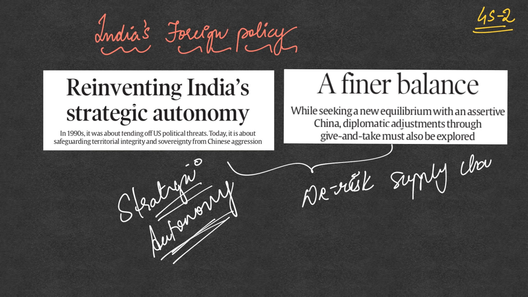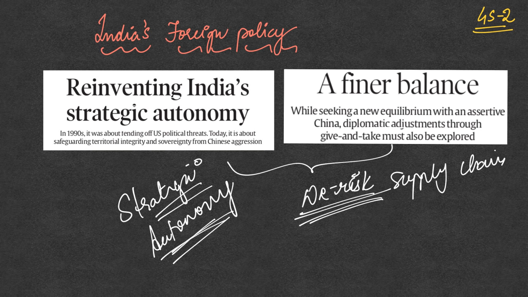So why did he say this? Because when we talk of strategic autonomy, it is also about the excessive economic dependence that India has on China. If we are looking for an active decoupling with China in economic terms, then it is very important to look at it from the perspective of de-risking the supply chain.